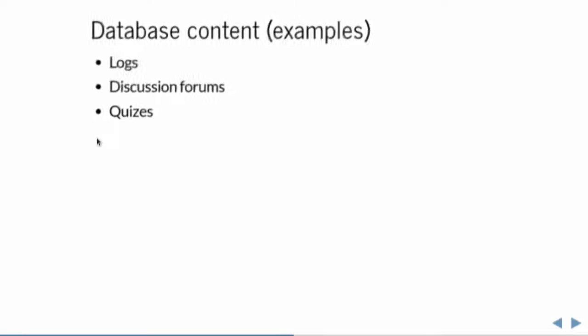There are some examples of what it can store. One thing it can store is access to pages. It looks at what URL you were visiting and stores it as a log. That's quite a traditional way of looking at the activity of people on a web page.